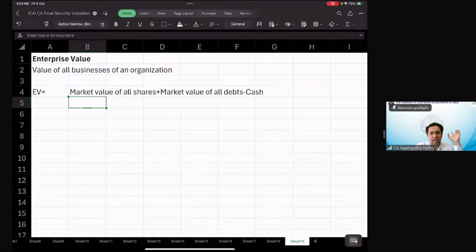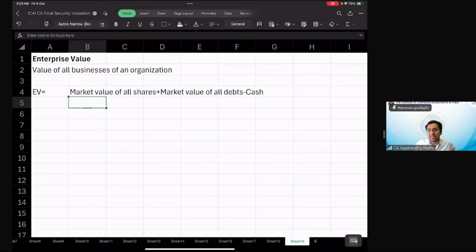Now, this enterprise value number is essentially taken with regard to other aspects, like how do you compare your enterprise value. Now, can I compare my enterprise value with another enterprise's value? No, because my business is different. The other entity's business is different.